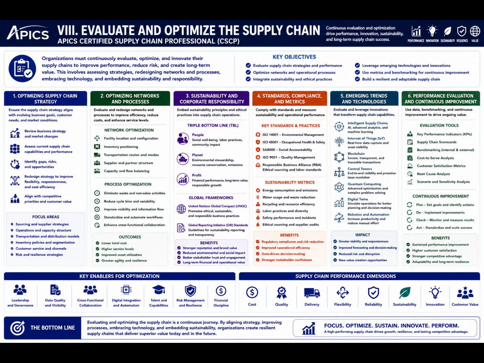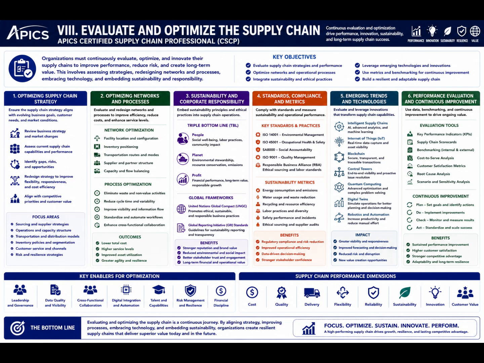Emerging technologies improve visibility, data accuracy, predictive analytics, automation, and real-time decision-making capabilities. The program explains that businesses capable of adapting to technological change can enhance operational performance, strengthen resilience, and maintain competitive advantages in rapidly evolving global markets. Continuous innovation is therefore essential for successful supply chain optimization.